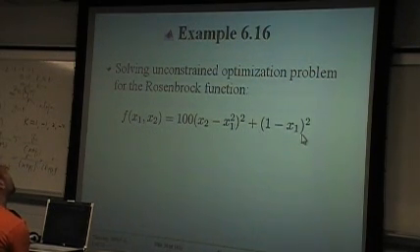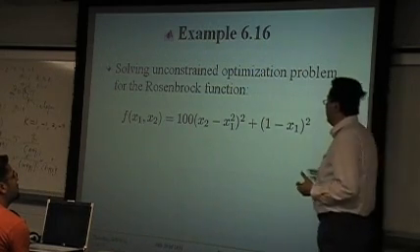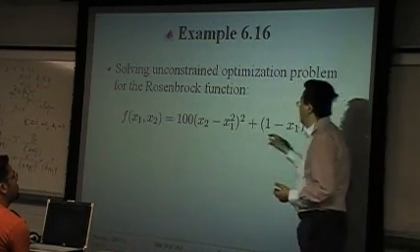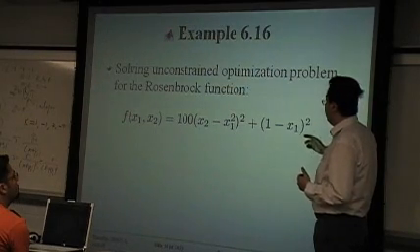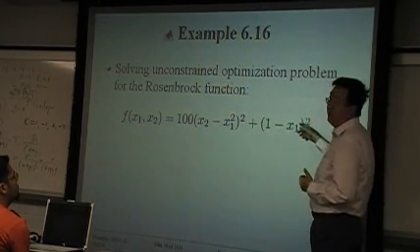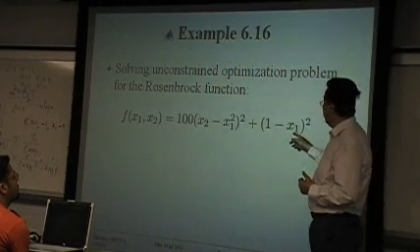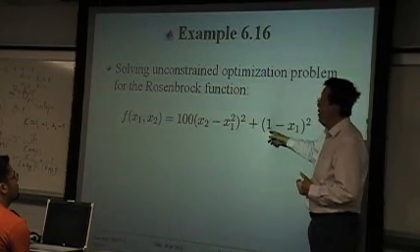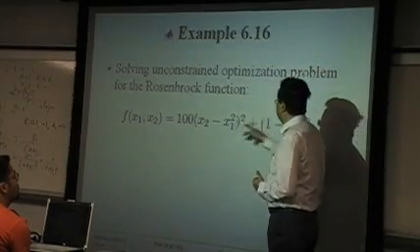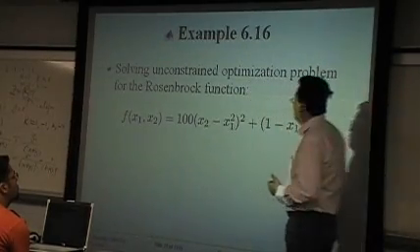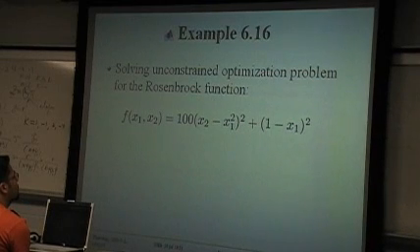If you solve this problem by hand, you will notice that these two terms are non-negative. So the minimum value of this function is to let this one be 0, which means x1 equals 1. And also we want this one to be 0. Substituting x1 equals 1, we have x2 equals 1. So the global minimum point is (1, 1).